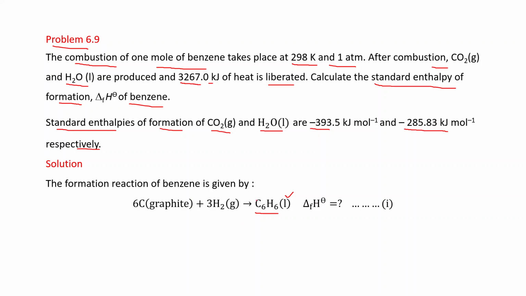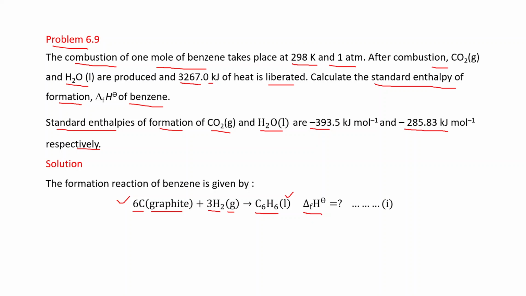That's why we will write 6C in graphite plus 3H2 as gas. Then whatever the change in enthalpy taking place in this reaction will be considered the enthalpy of formation of benzene. To calculate this we use Hess's law of constant heat summation.